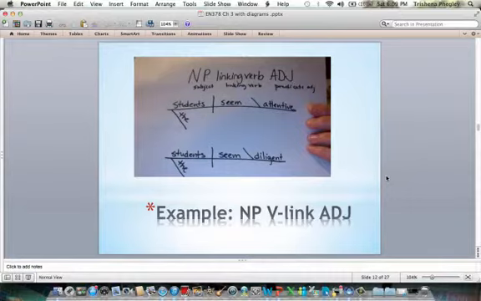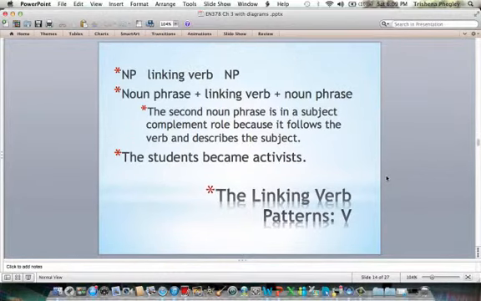We could create a completely different sentence, and if we said the attentive students, or we could say the diligent students, attentive and diligent are both adjectives. They both describe students. All right, let's look at the next one.